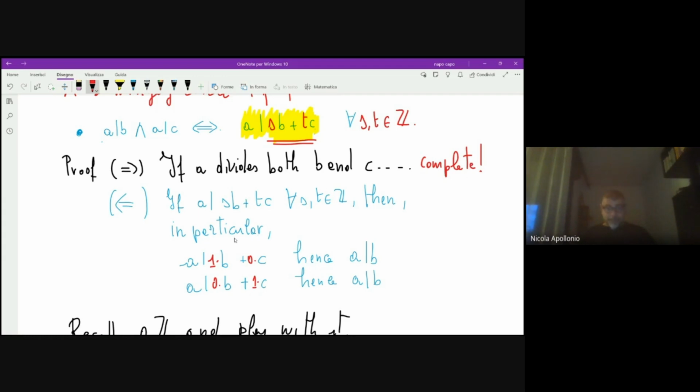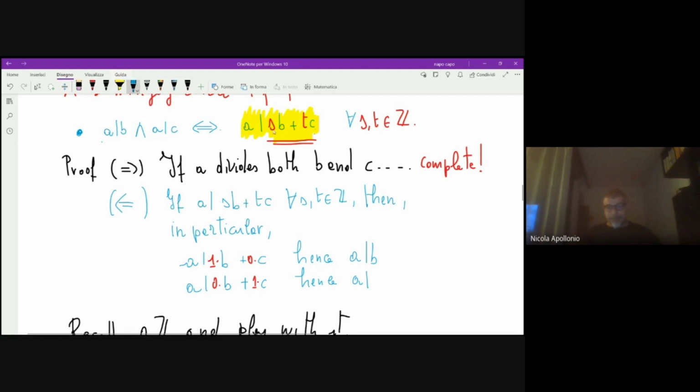One is obtained by picking S equal to 1 and T equal to 0, and you get that A divides B, and the other one is picking S equal to 0 and T equal to 1, and you get that A divides C. I said an error earlier, but there is a difference between error, mistake, and typo. I would say that this is a typo. It's less dramatic somehow.